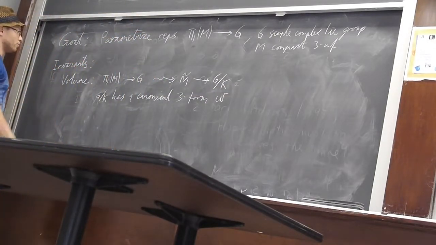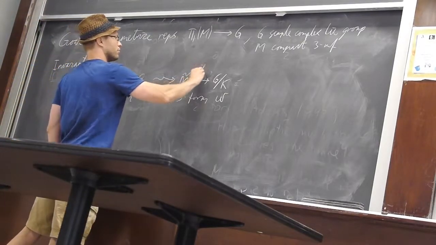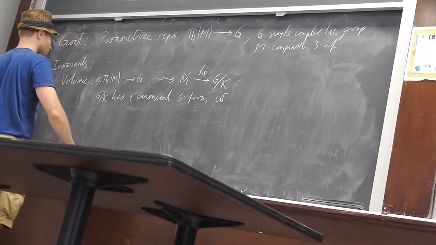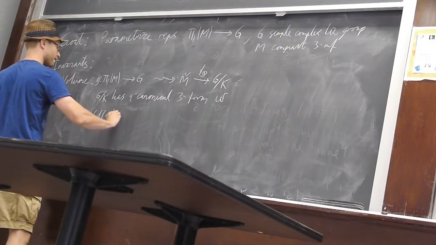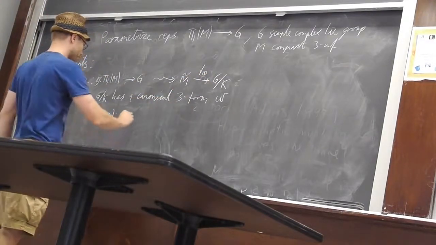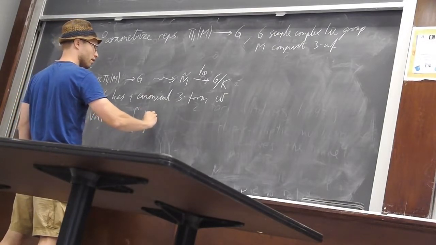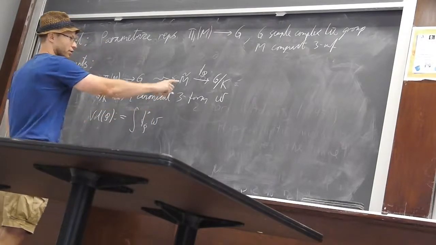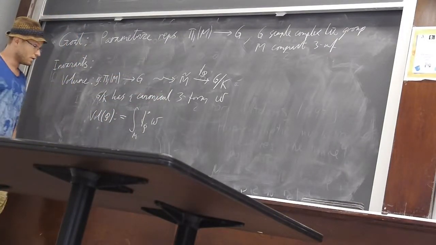And what you do is you define the volume of a representation. Let's call this the definition. You take the volume form there and pull it back, and then you integrate it over some fundamental domain for M inside that universal cover.